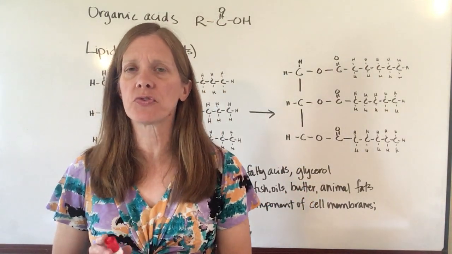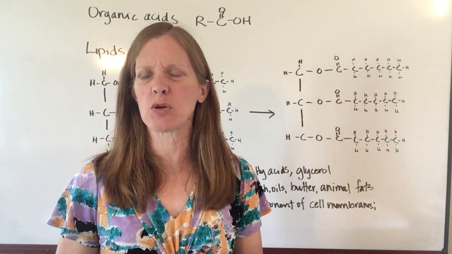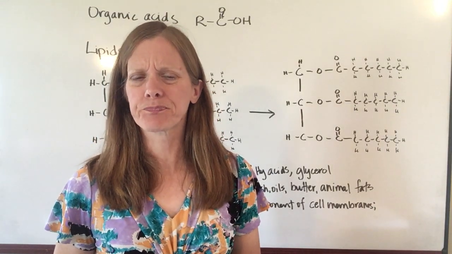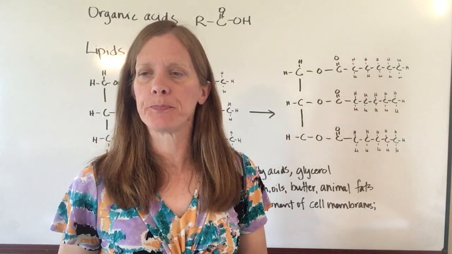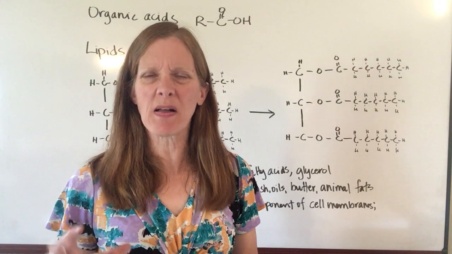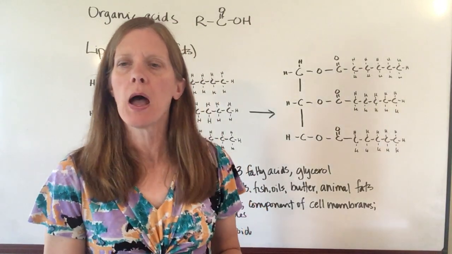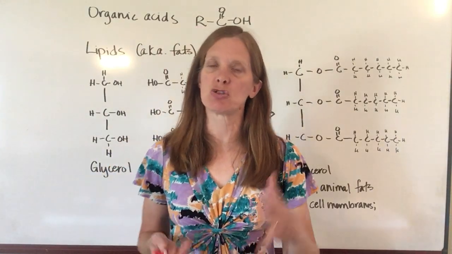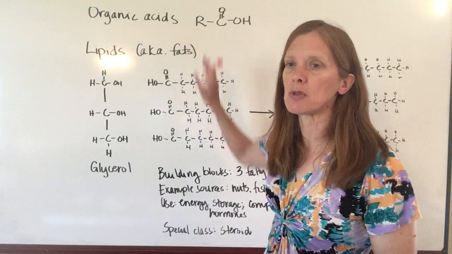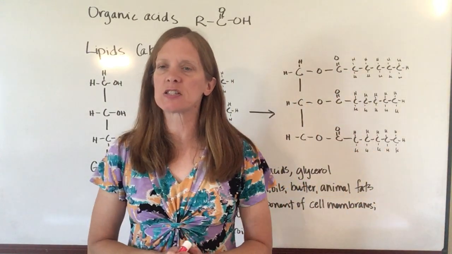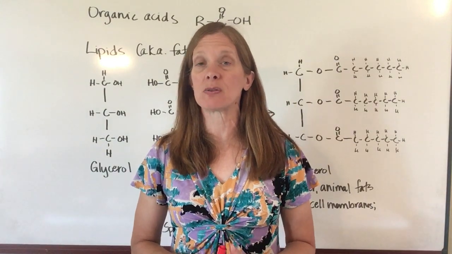There are several different types of organic bases, and we will talk about one of them a little bit later, but the structures of those are not as easily recognized. There is one that's relatively easy to recognize, and we're going to see it in a couple of days, but it's not one that I'm going to ask you to memorize. This acid structure I do want you to commit to memory so that you can recognize it, and we're going to use it today as we're talking about lipids.